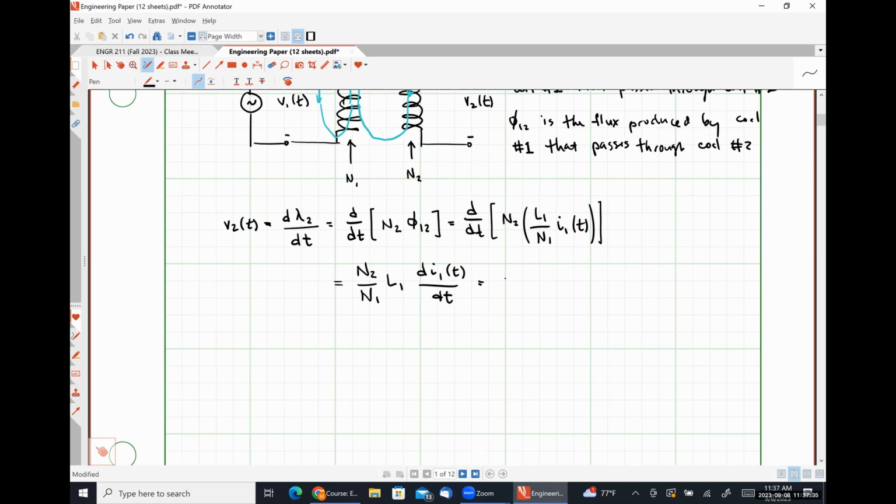And we're going to call this M21 dI1 by dt, where this M21 is the mutual inductance of coil 2 induced by the current I1 of t.